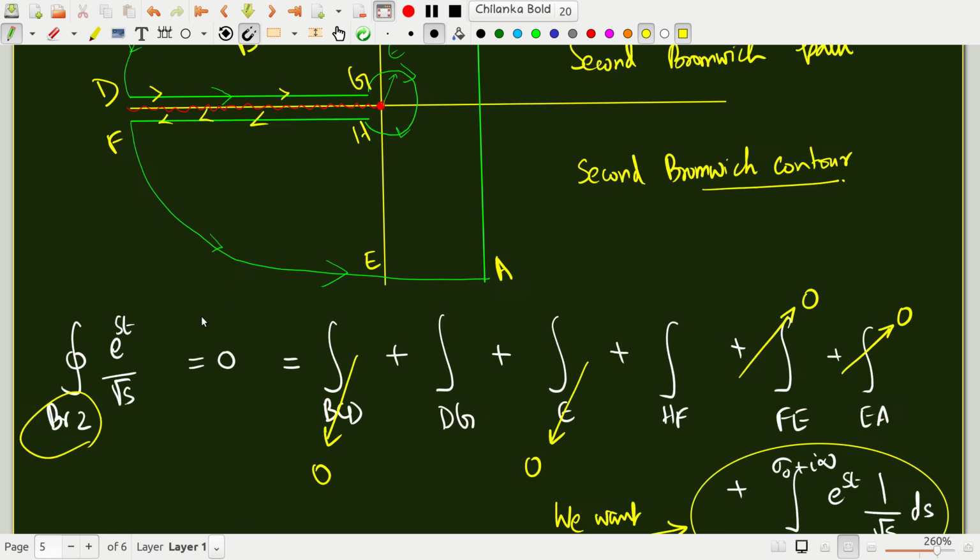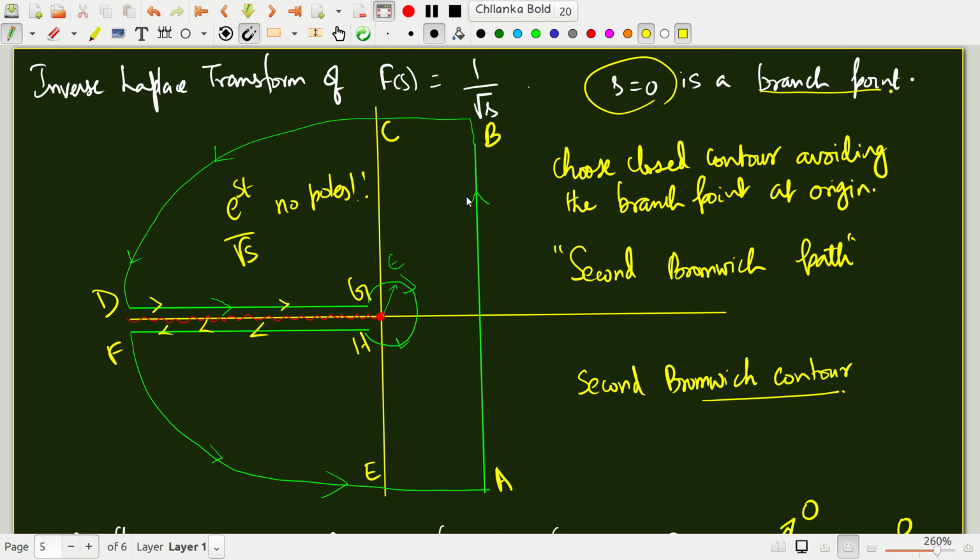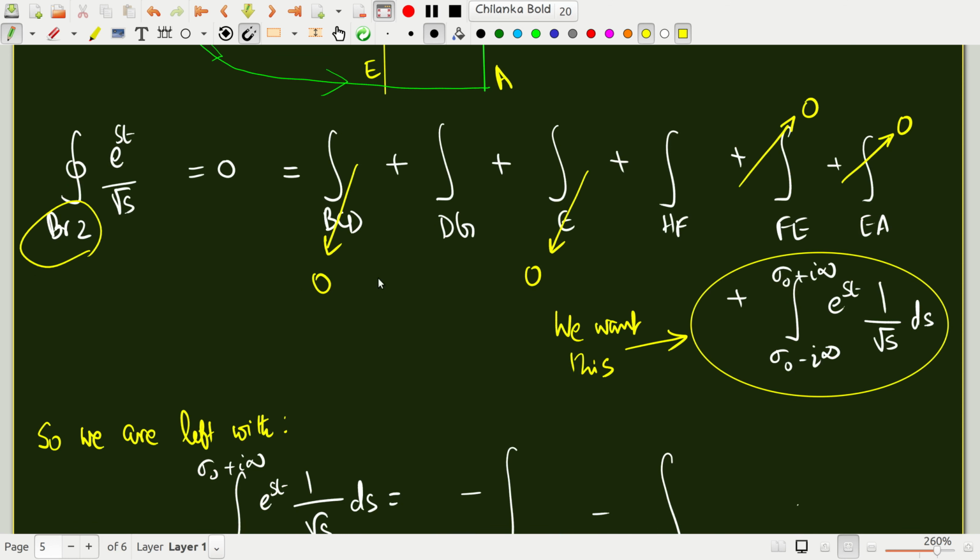Now this contour is comprised of various pieces: AB, BCD, DG, and then the integral over this tiny circle of radius epsilon, HF in the opposite direction, and then FEA, and then the original path that we are interested in. We are interested in, remember, AB. Okay, so I am splitting all this.